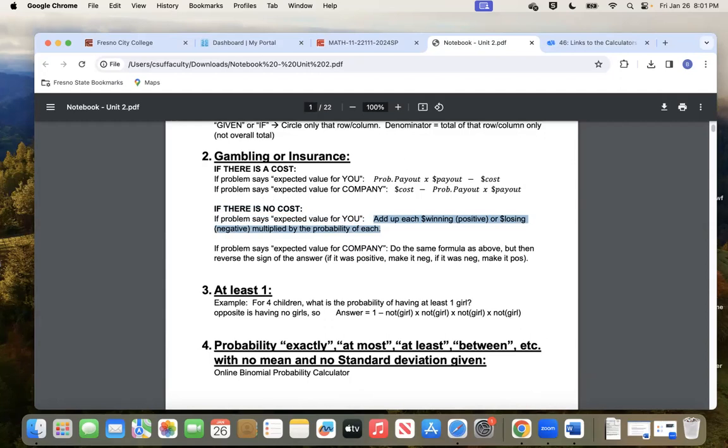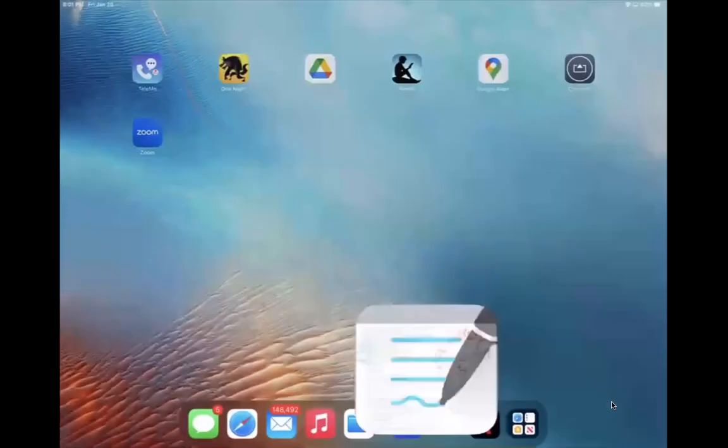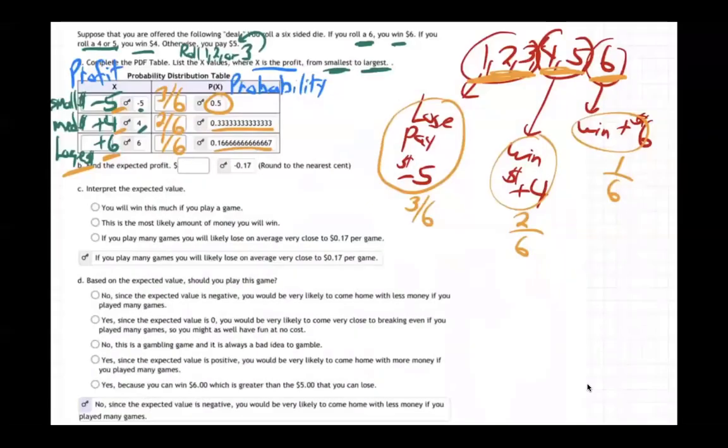Let's go back to it. So I'm going to take this dollar amount, minus 5, times the probability 0.5, plus, going to add up, 4 times 0.3333.